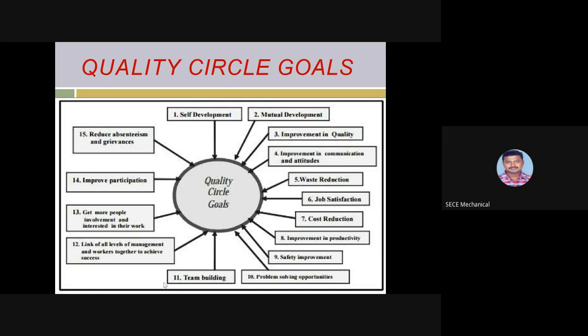So these are all the important goals of quality circles.